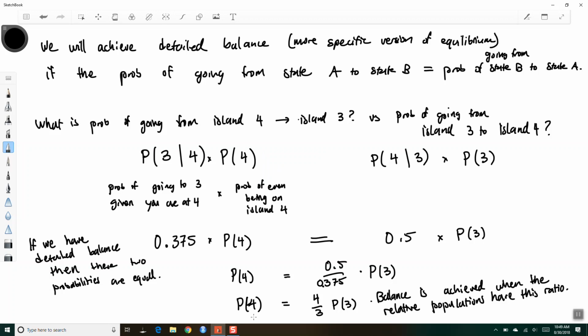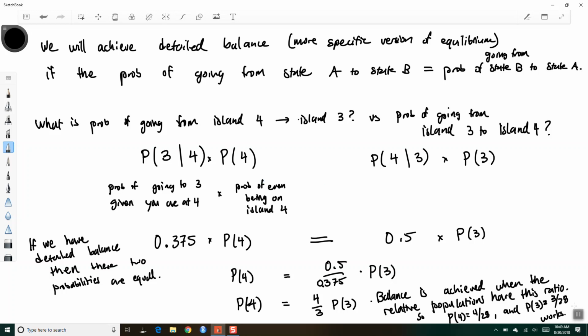All right. So balance is achieved when the relative populations have this ratio. So probability of island 4 equal to 4/28, and probability of island 3 equal to 3/28 works, okay?